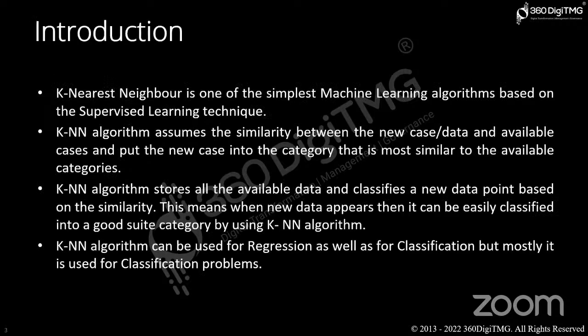K nearest neighbor is one of the simplest machine learning algorithms based on the supervised learning technique. In simple words, if I know about your neighbors, I can predict about you. For a new data point, the category will be found out by the neighbors.